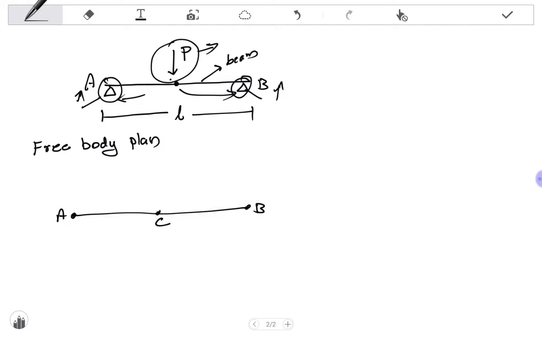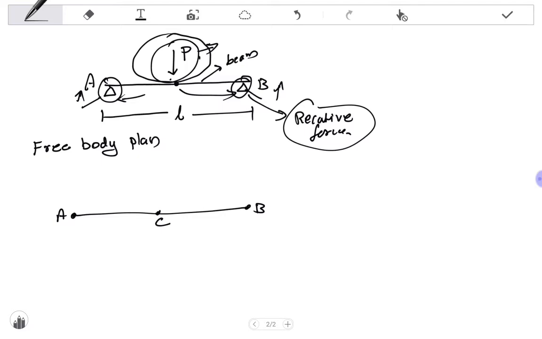The force acting at the supports is called the reactive force. Why is it called a reactive force? Because this force acts due to the reaction to any load applied on the beam.